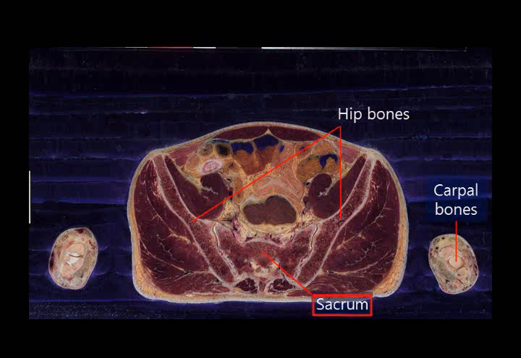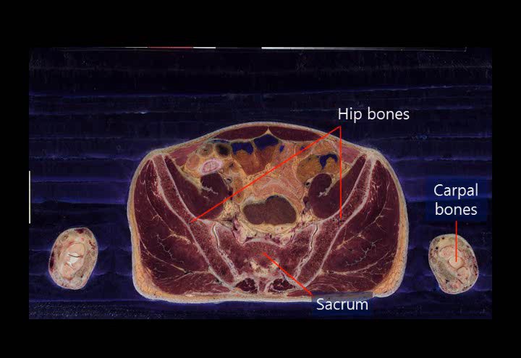To organize, the vertebral column consists of the cervical vertebrae, thoracic vertebrae, lumbar vertebrae, and sacrum. The hip bones are attached to the sacrum. The hip bones and sacrum both look like cylinders. When a female gives birth, the baby passes the sacrum and hip bones.